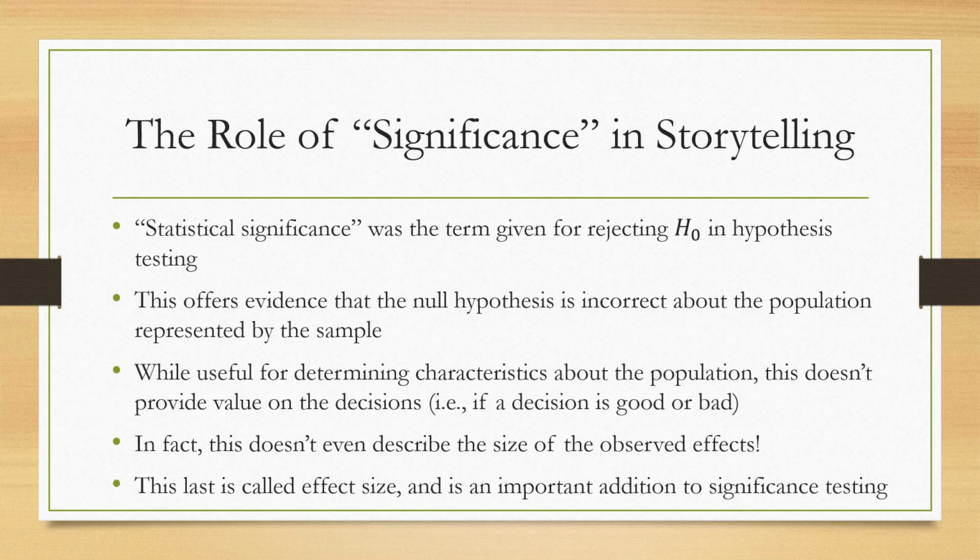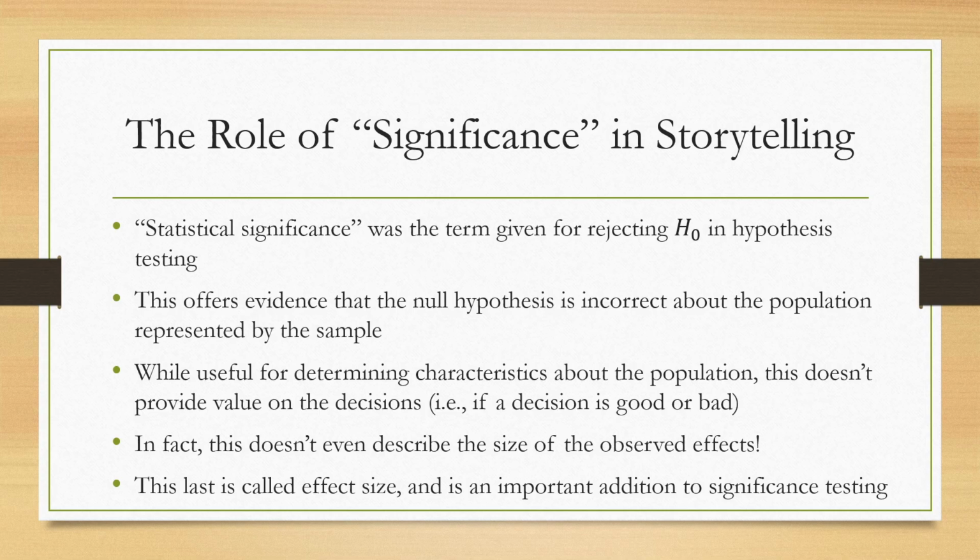The size of the observed effects is actually a big, important component. And it's something that more and more recently, as we implement statistical reporting and storytelling, we are recommending for practitioners to use. Formally, this is called an effect size.